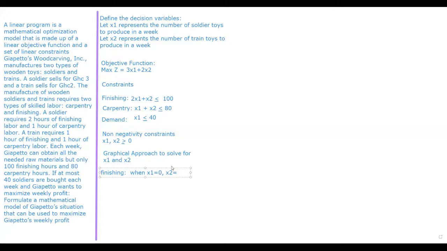So if x1 is 0, x2 will be 100. So the coordinate will be 0, 100.